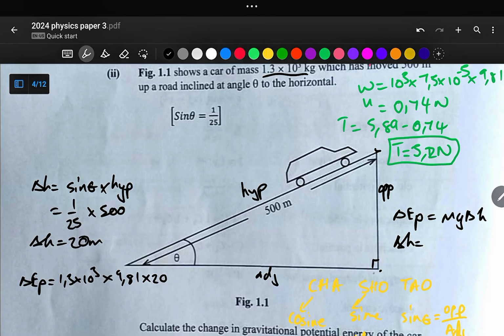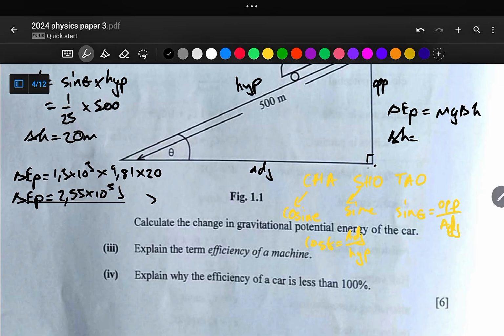So this gives us 1.3 times 10 to the power 3 multiplied by 9.81 multiplied by 20, okay? So our final answer for the change in gravitational potential energy is 2.55 times 10 to the power 5 joules. So here is our change in gravitational potential energy, okay?